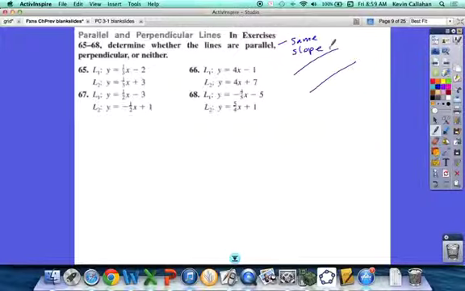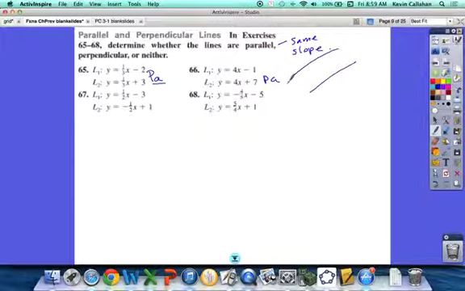Okay, so which out of these 4 problems are parallel? 65. Okay, let's see. 1/3, 1/3. So these are parallel. P for parallel. 66, 4x, 4x, parallel. Okay.